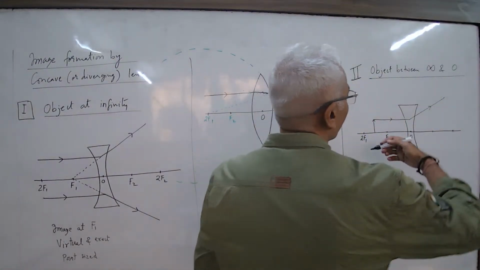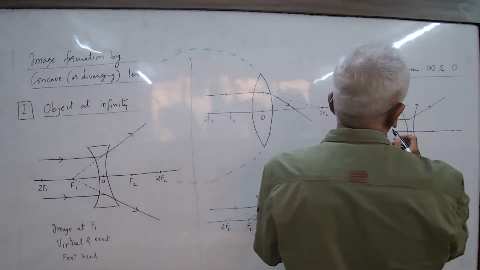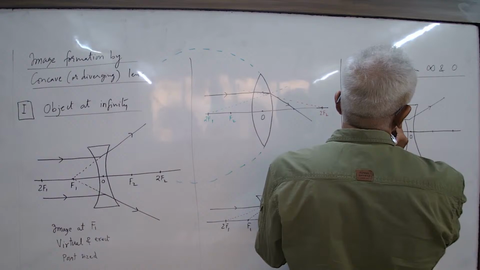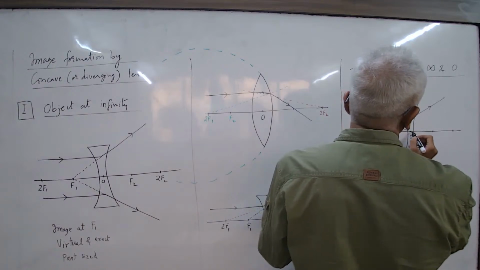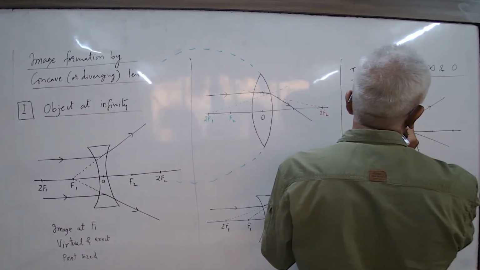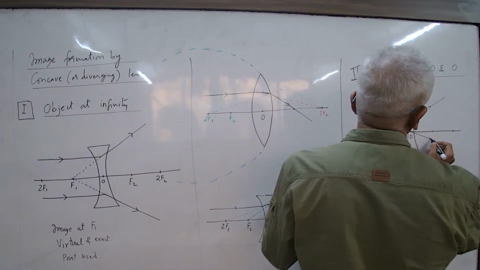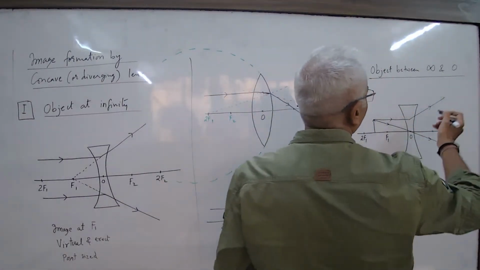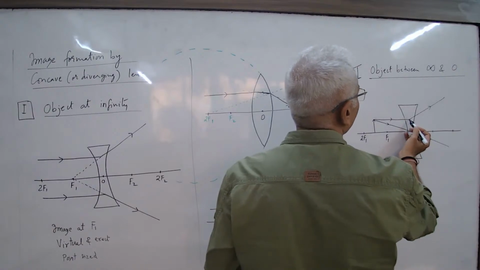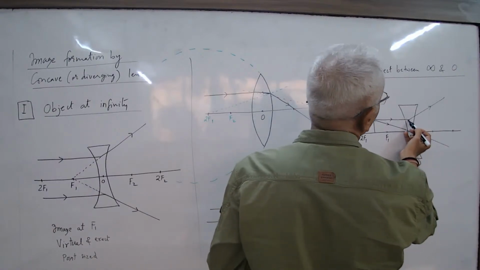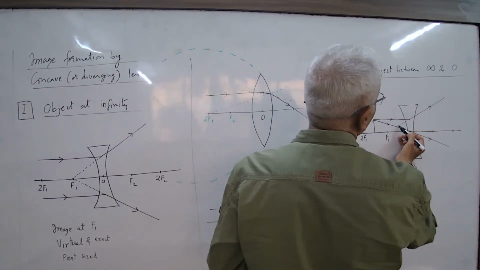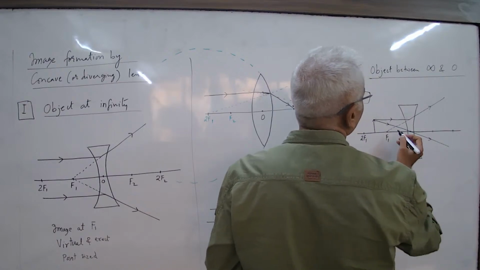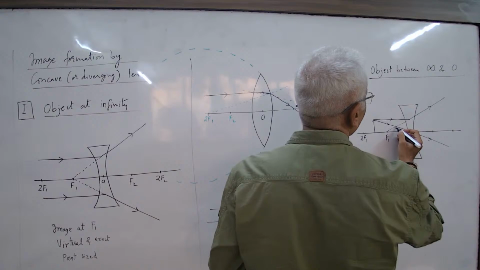Again, so one ray is going there, the other ray we are taking from O. This ray, the one which is diverging, when we extend it backwards, it intersects over here.